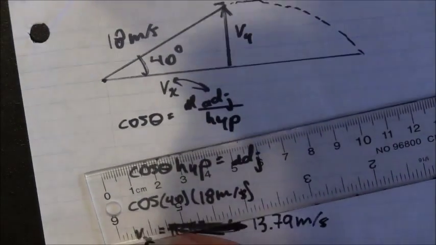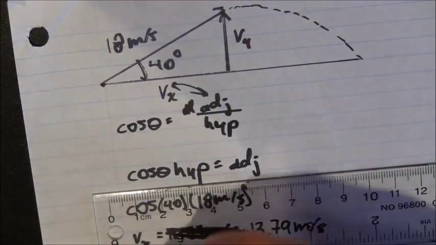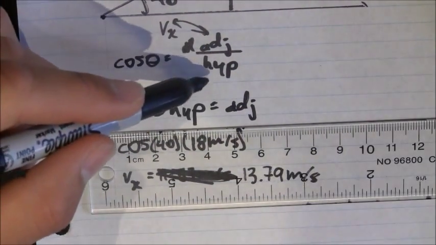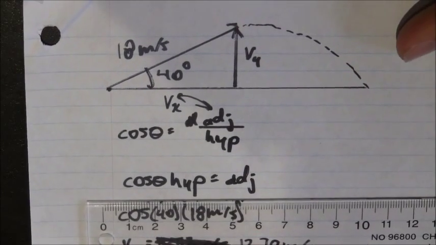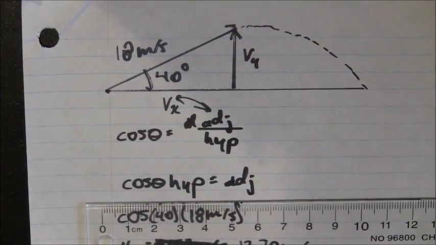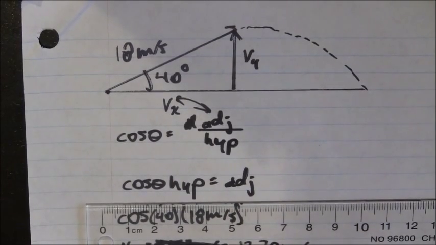So if I were to go to my trig ratios, sine, cosine, tangent, you'd see that cosine is adjacent over hypotenuse. And if you're unfamiliar with basic trigonometry, I suggest you go watch a video on that first and then come back to this because it'll make a lot more sense to you.